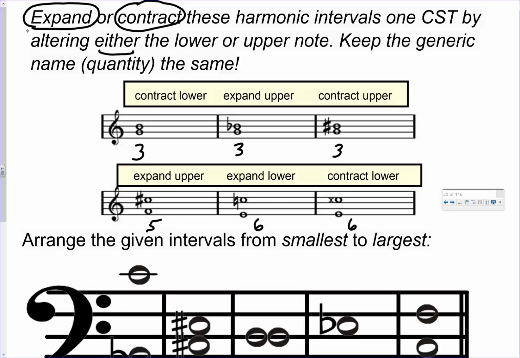For measure 1, we need to contract the lower note. So that means I'm going to leave my upper note as is, which is a B natural. And if I contract my lower note, I have to make this interval smaller. Right now it's the same, and adding a sharp sign here will contract the interval 1 CST.